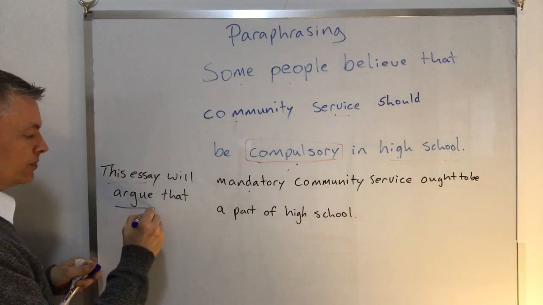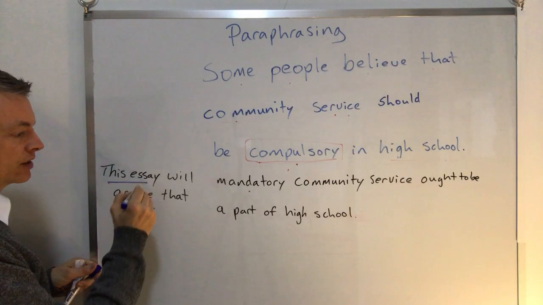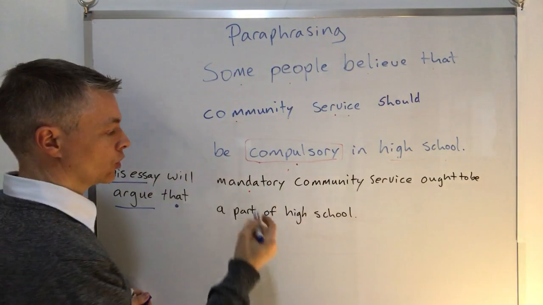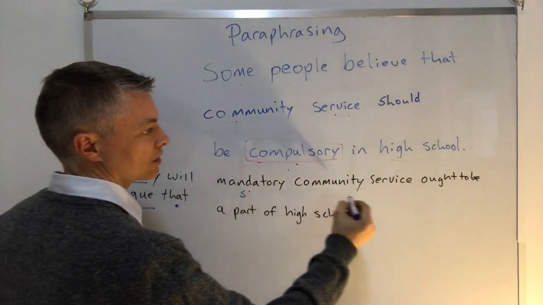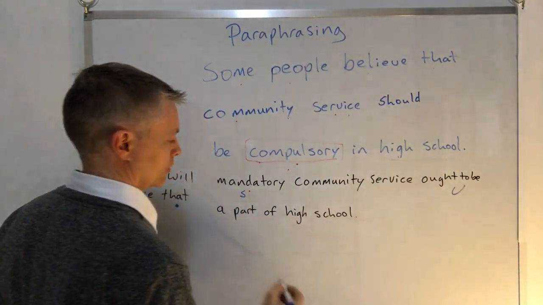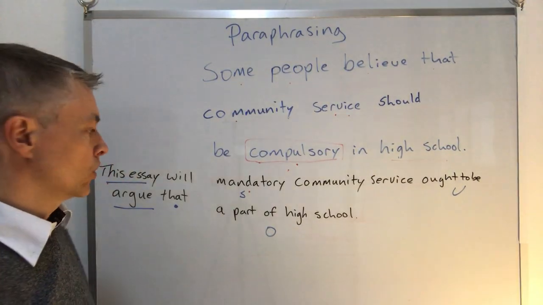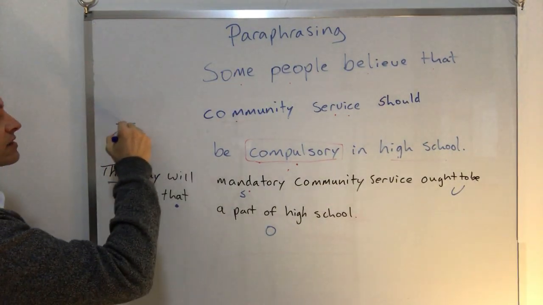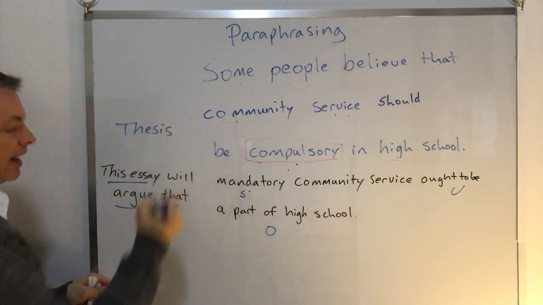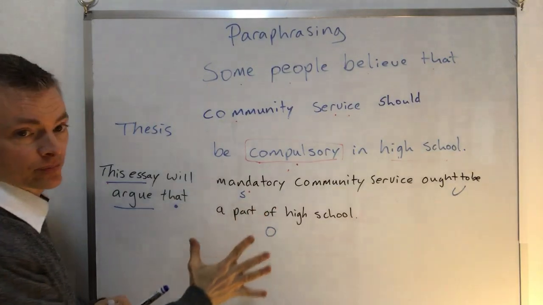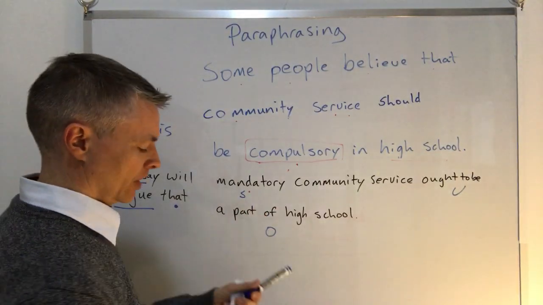So argue is the main verb. This essay is the subject. When we have that, after that you go to a subject, a verb, and an object. Okay? So this is a thesis. And we have paraphrased in the thesis.